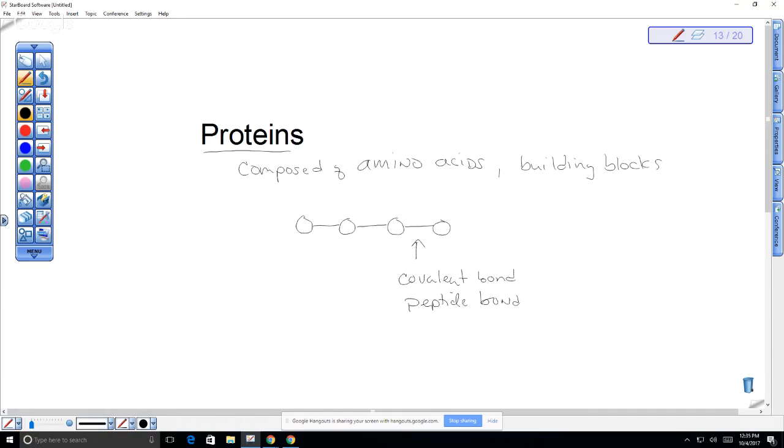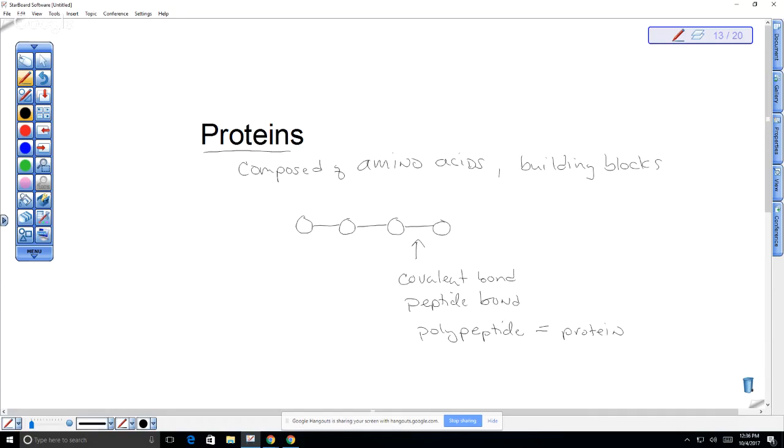And so what we would call a string of amino acids, we call a polypeptide. So in diagrams and in your book, this can mean the same thing as a protein, because it's made of many different amino acids hooked together to form a polypeptide.